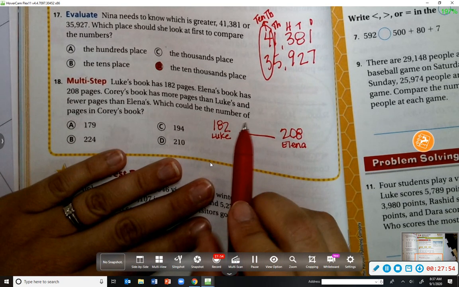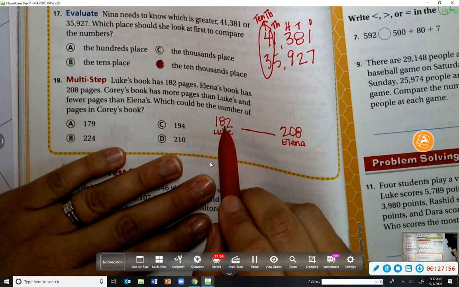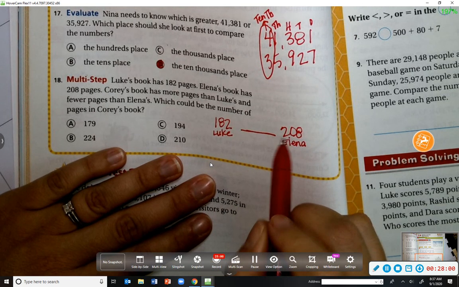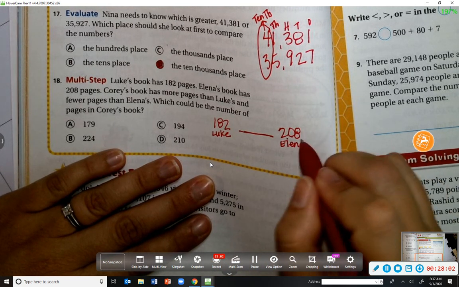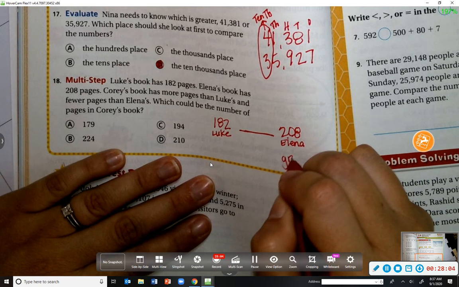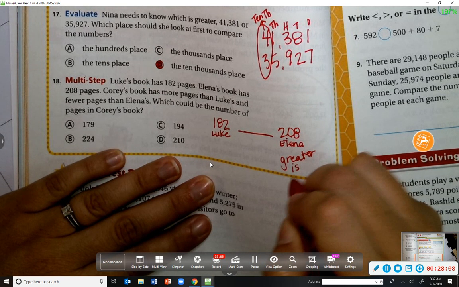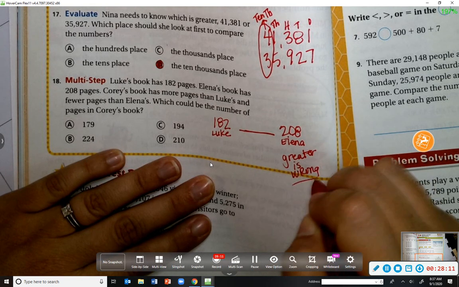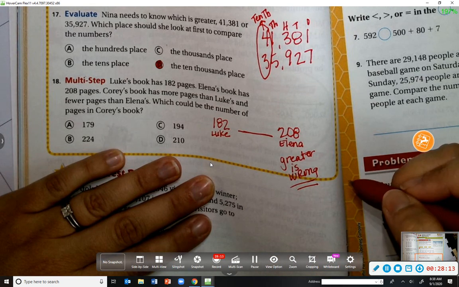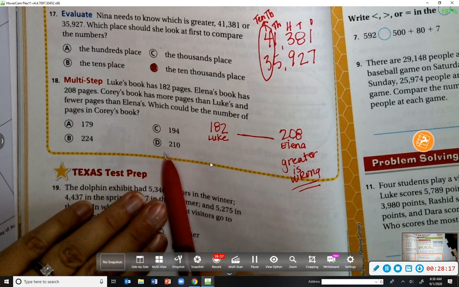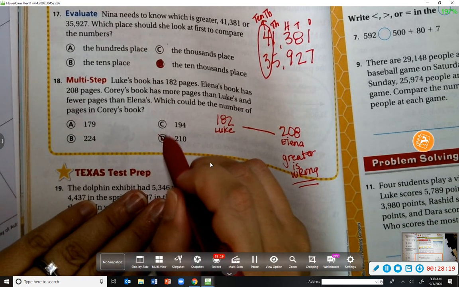Okay? So let's think of a number that's greater than 182, but can't be greater than 208. So I know any number greater than 208 is wrong. It can't be greater than 208, so I can already see two answer choices we can eliminate. 210 is too big.